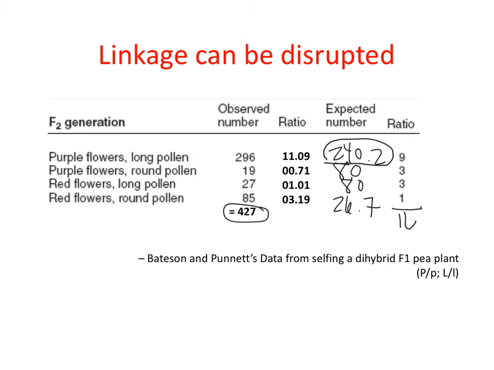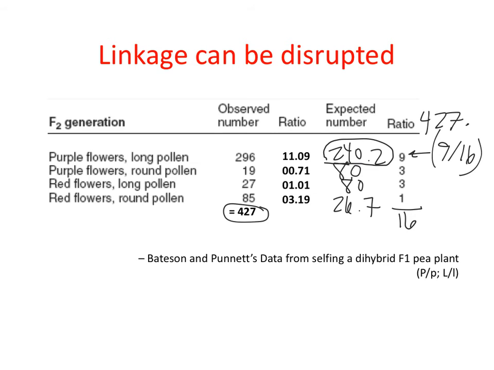So the total of the ratio is 16. So we expect 9/16 of the individuals that we observe to have purple flowers and long pollen, that top genotype. So that 240.2 is 9/16 of the total number of individuals. So that was 427 times 9/16.